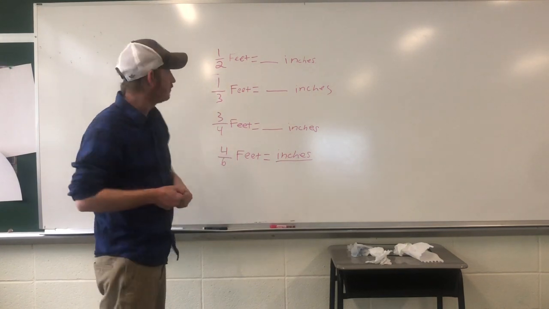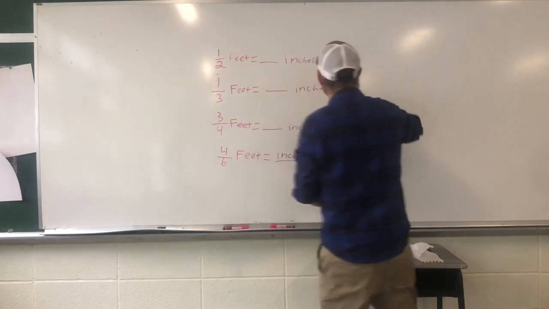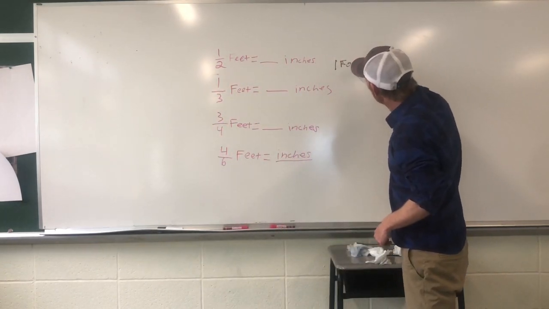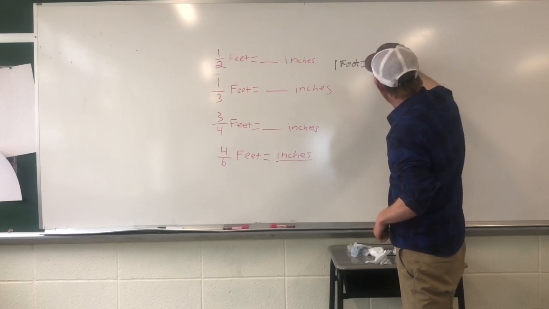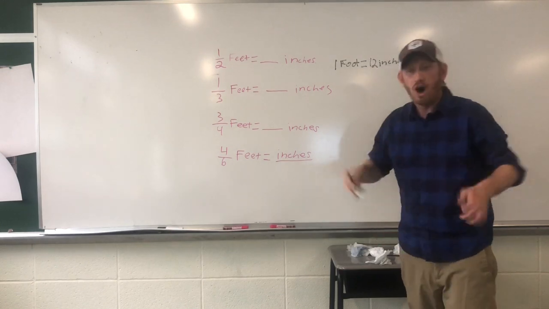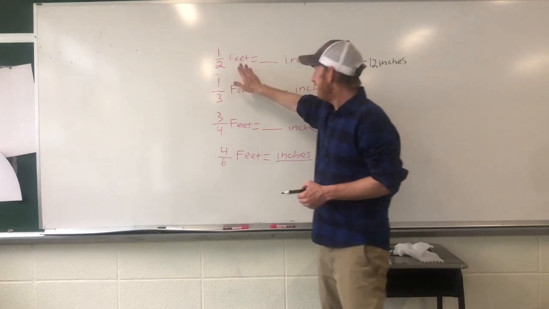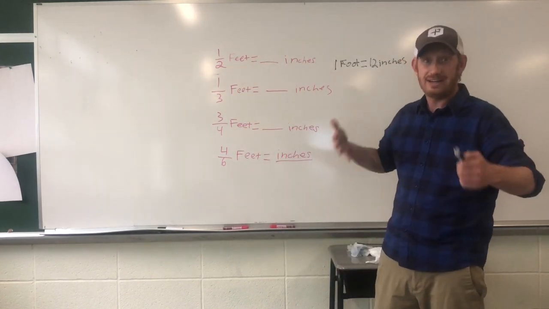And the key is we need to know that 1 foot is equal to 12 inches. 1 foot is equal to 12 inches. So wherever I have feet, I can take that out and think of 12 inches.